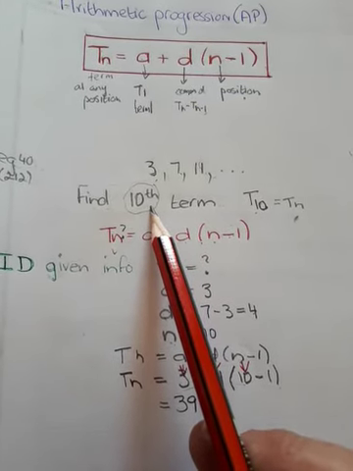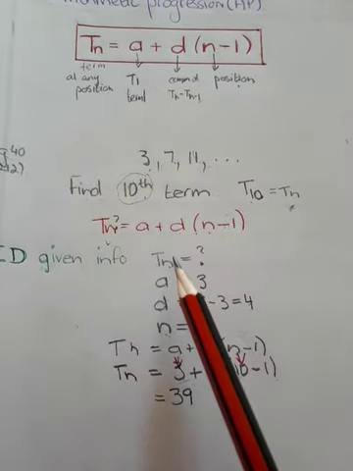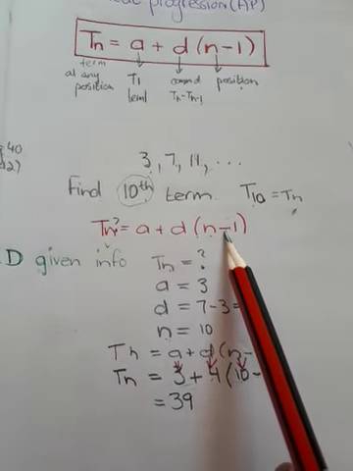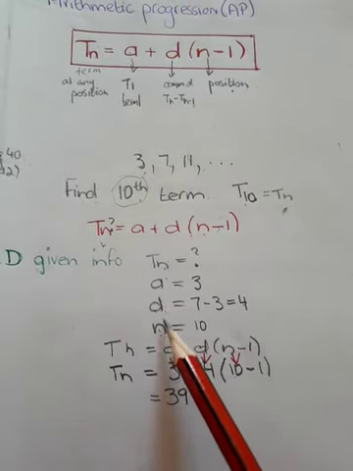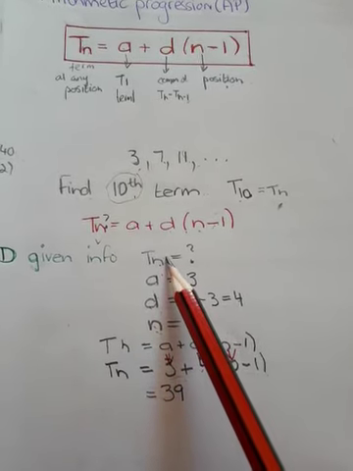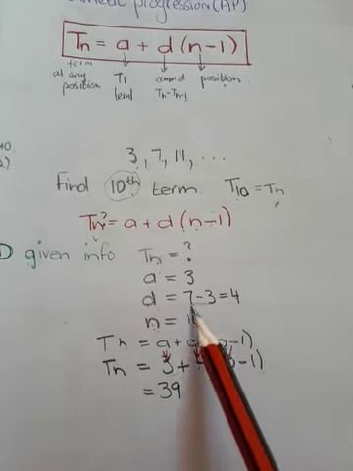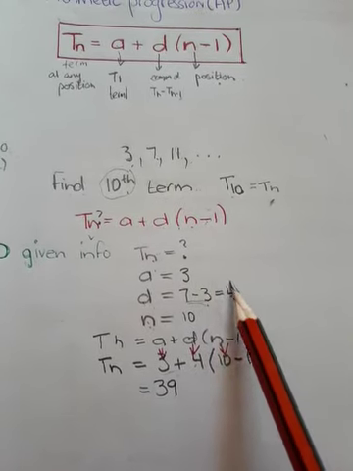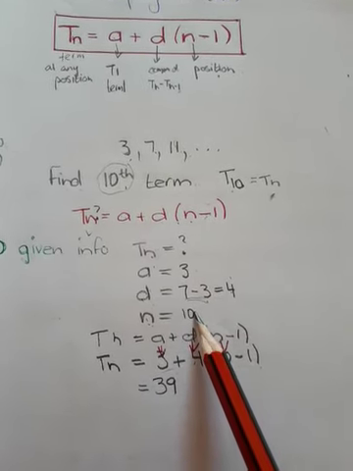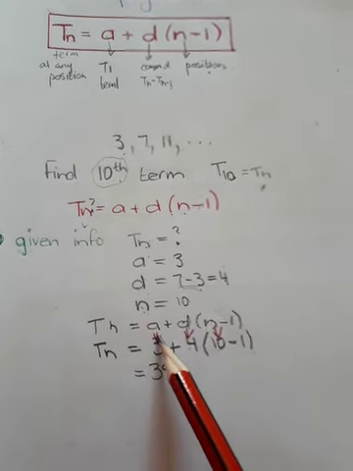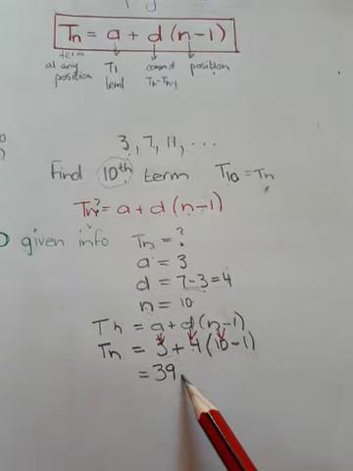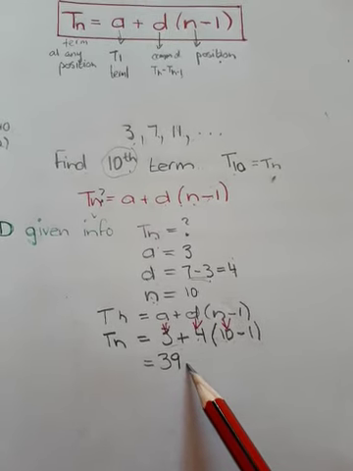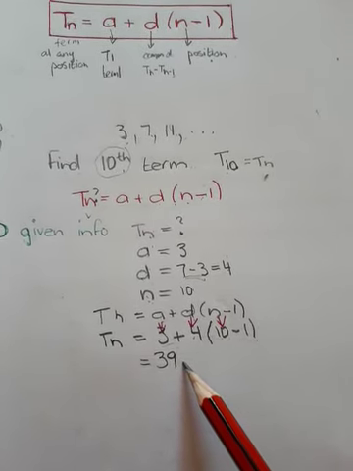I would suggest that you write down your formula, people, and then you first identify what information is given, what information is asked, what information needs to be calculated. Identify all of these, write it out like that, and thereafter you can substitute your values in the right place. You can simply calculate, and this gives me 39 as an answer.